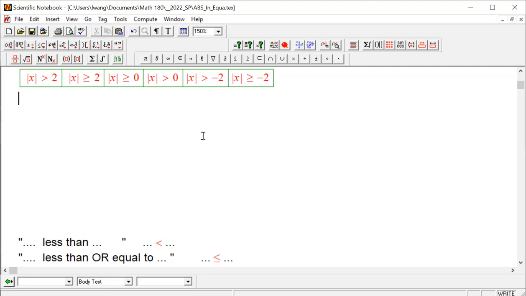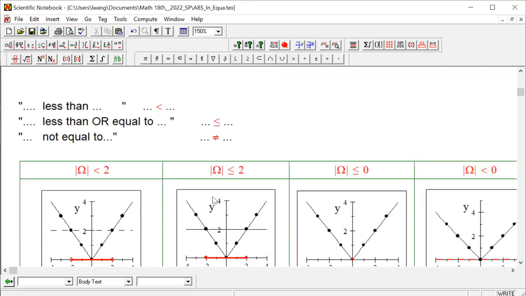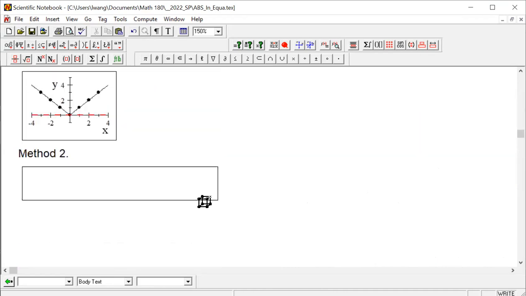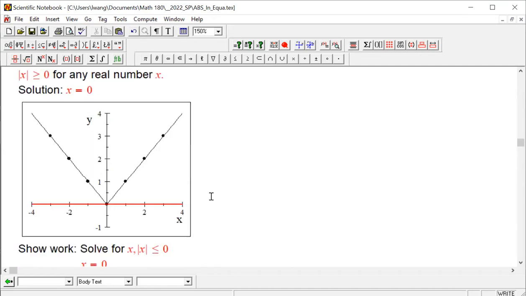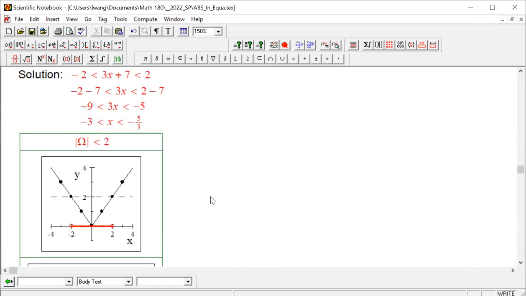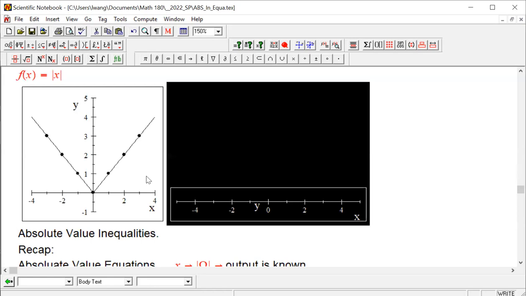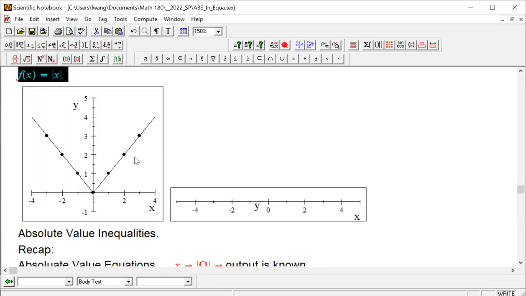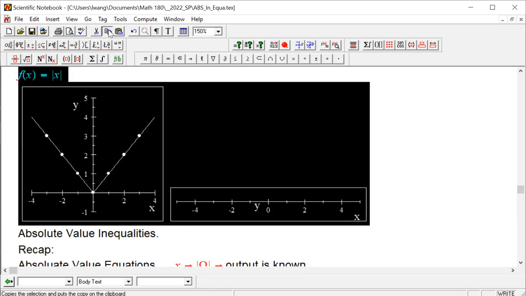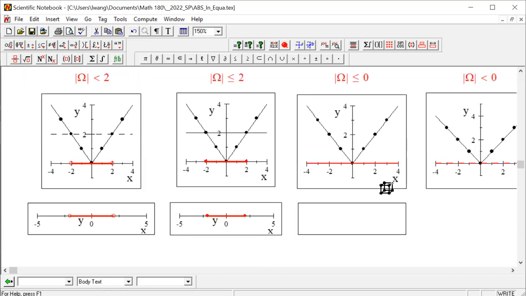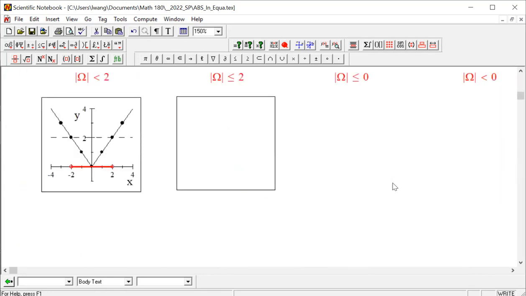I also wish to bring the picture to our study. We had these pictures that we created and used. So one is the function perspective, and the other one is the definition of absolute value.